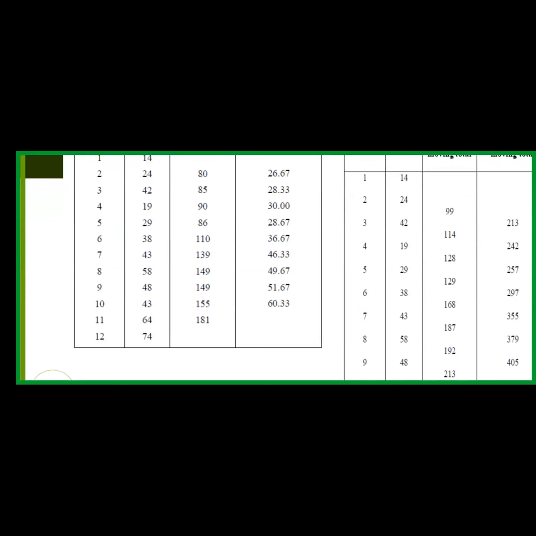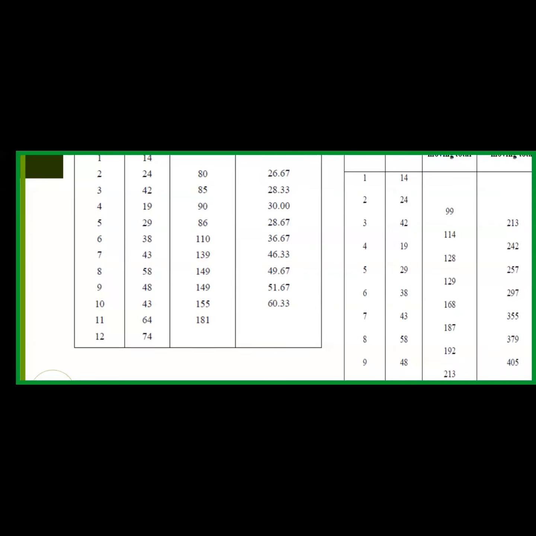43, 64, 74. You can see that we only have three numbers left. So let's make use of those three numbers. 43 plus 64 plus 74, 181. And we put it directly opposite what? 64. That's 181. You can see that we did not do anything again, because the next one will be 64 plus 74, and it's not up to 3.